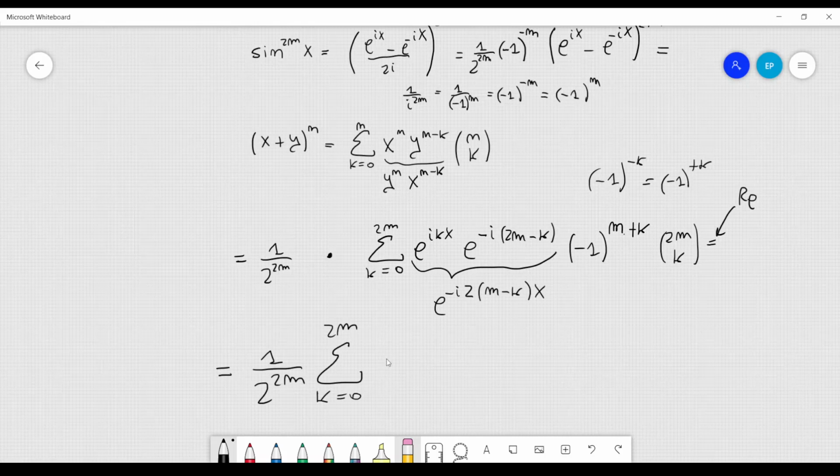Instead of the complex exponential, I can put the cosine of (2m minus k)x, but since the cosine is an even function, I can also put a plus here. And then I have minus 1 to the power m plus k, 2m choose k.